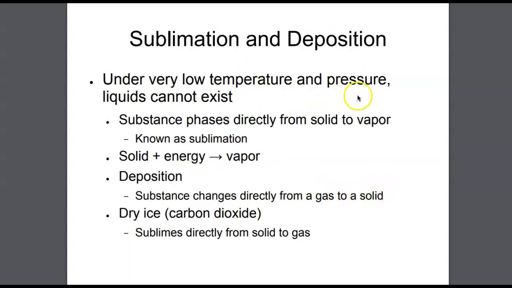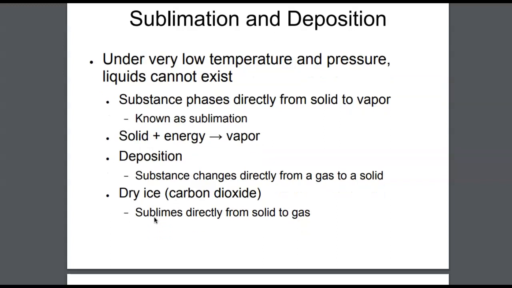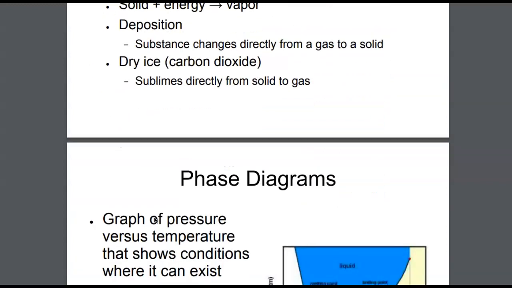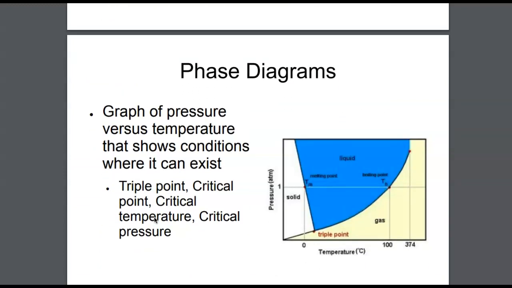Now, it doesn't necessarily have to be at a very low pressure. We see with dry ice, solid carbon dioxide, that will directly sublime from a solid to a gas at room temperature and atmospheric pressure.